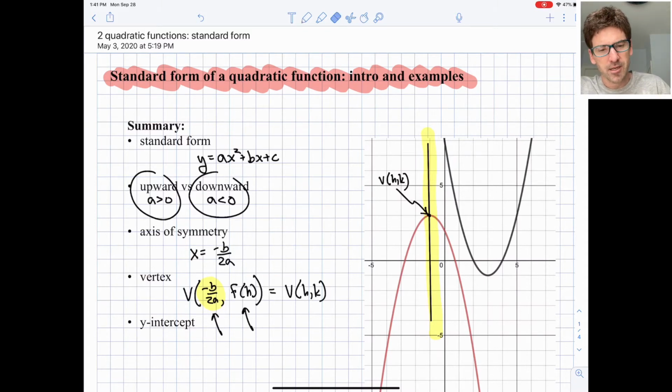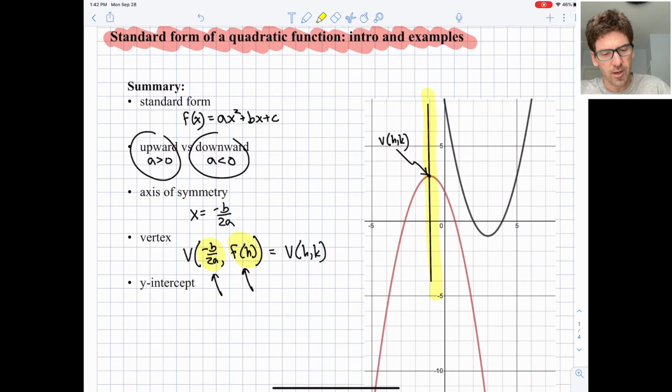So back up here, for standard form, instead of saying y equals ax squared plus bx plus c, we could also say f of x is ax squared plus bx plus c. So to find the k value, which I'm highlighting in yellow right now, we just need to plug our h value back into the equation to see what we get as an output. It's the most complex piece of things.